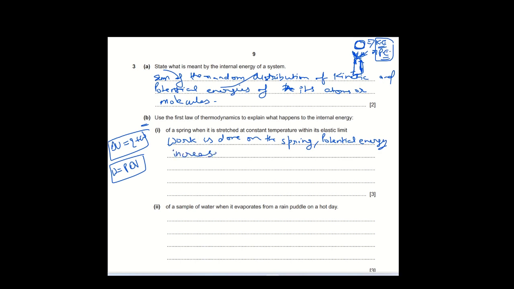But here it is stretched at constant temperature and there is no information of supplying heat, so no thermal energy is supplied. When you supply thermal energy to the molecules, they start moving with more velocity and kinetic energy increases. But in this case, no thermal energy is supplied, so kinetic energy does not change.